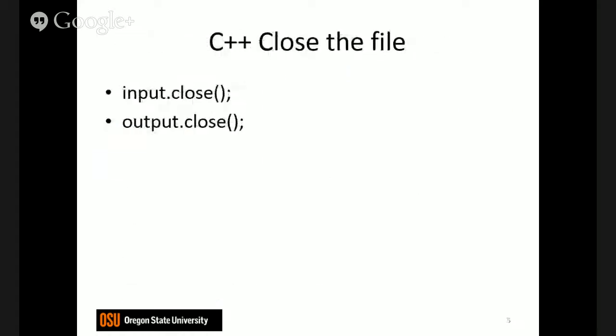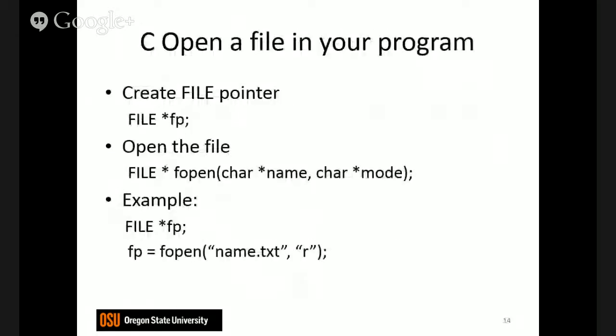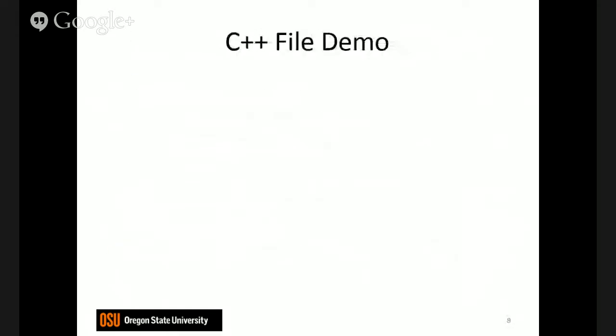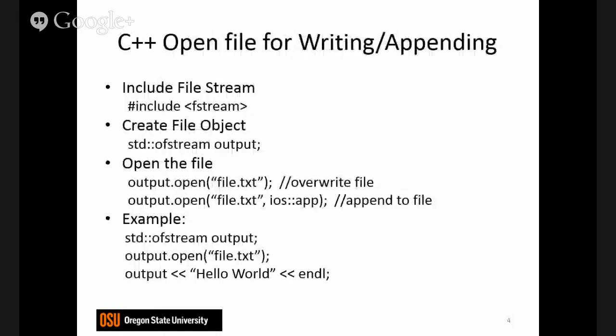If you look at those extra slides, I made these so that they mimic each other, so you can put them side by side and see exactly what the same thing looks like in C syntax and C++ syntax. The other thing I want to talk to you about real quick is opening for output.